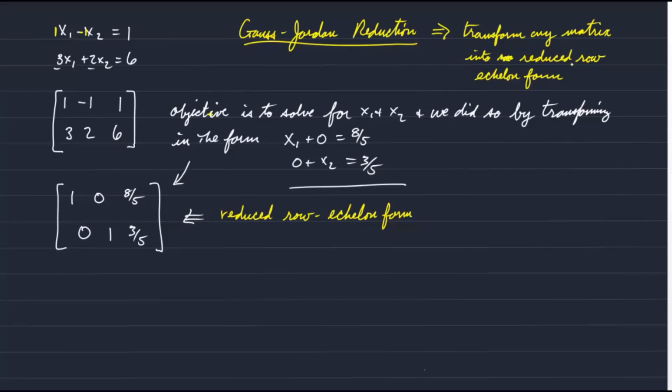So now let's define this reduced row echelon form.